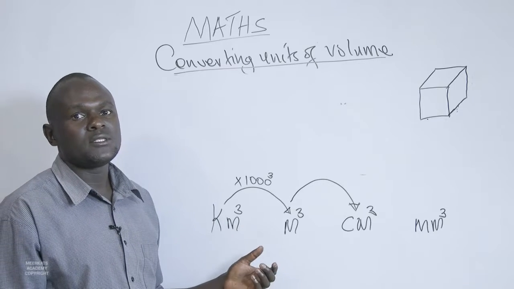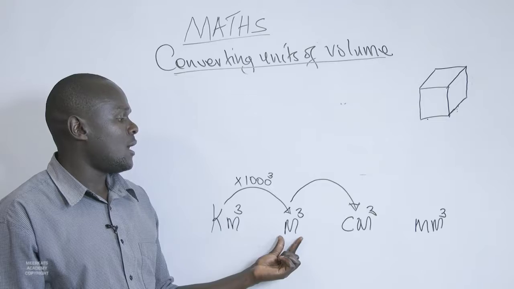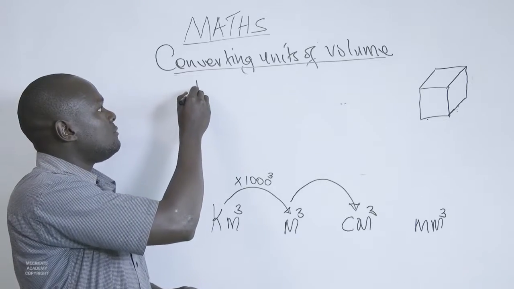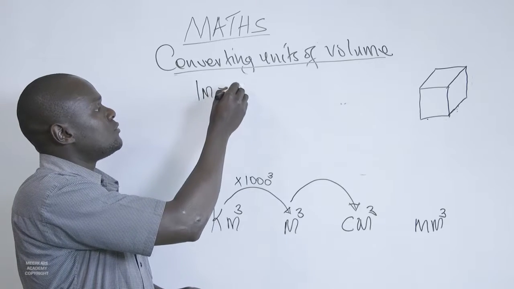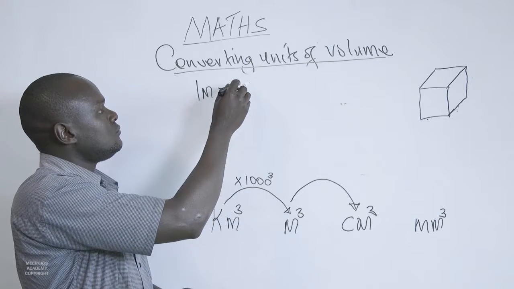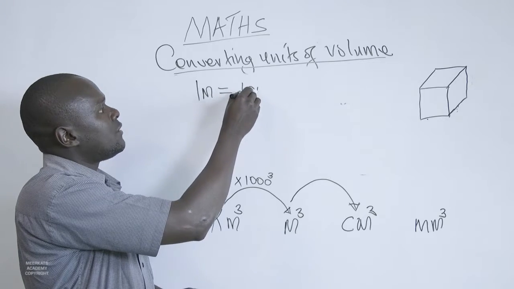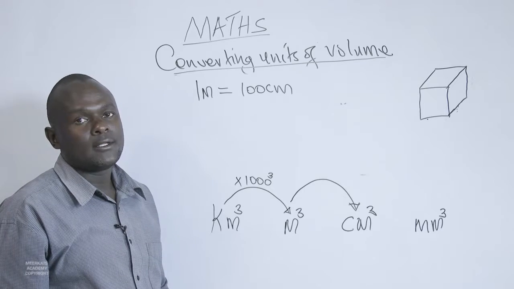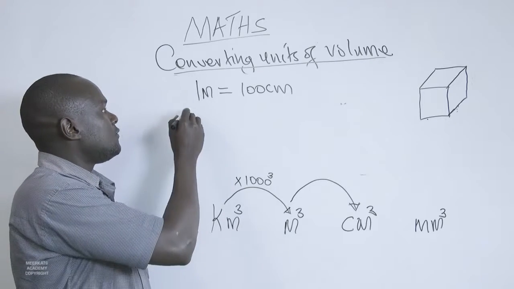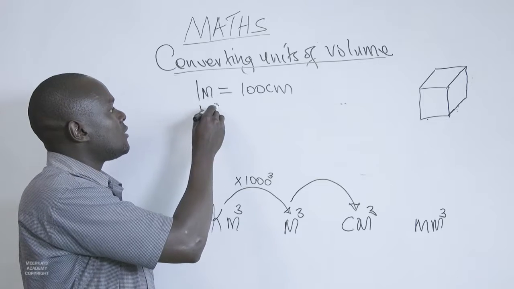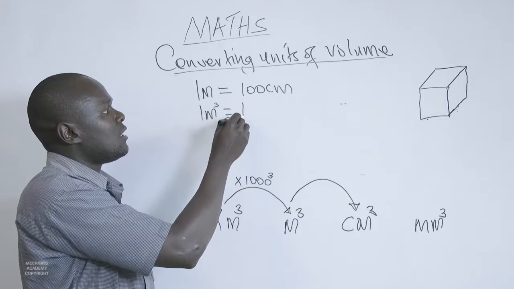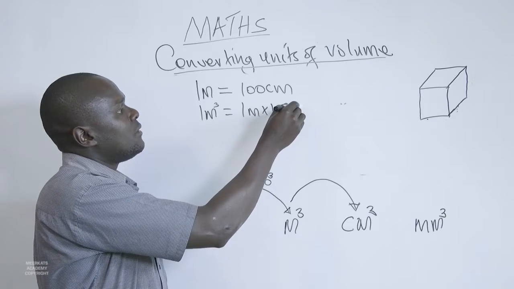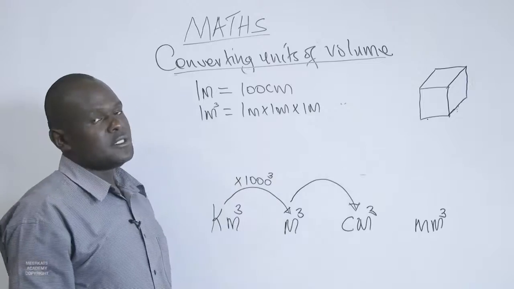We first of all establish the relationship between a meter and a centimeter, and we know that 1 meter is equal to 100 centimeters, such that if we were to have 1 cubic meter, this means we are going to have 1 meter multiplied by 1 meter multiplied by another meter.